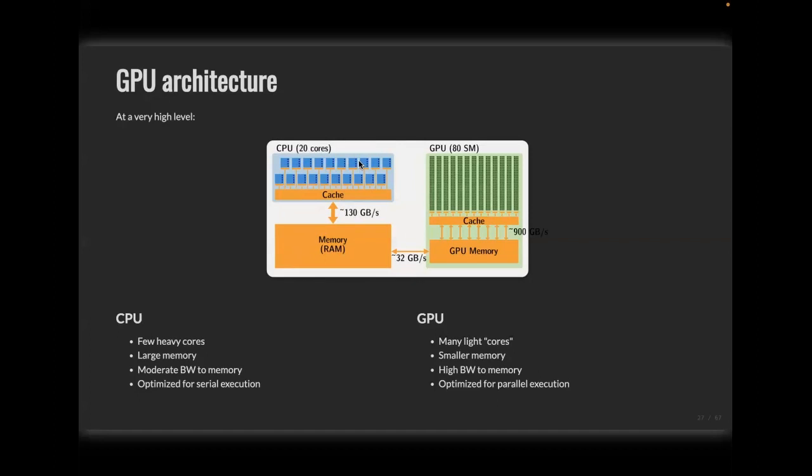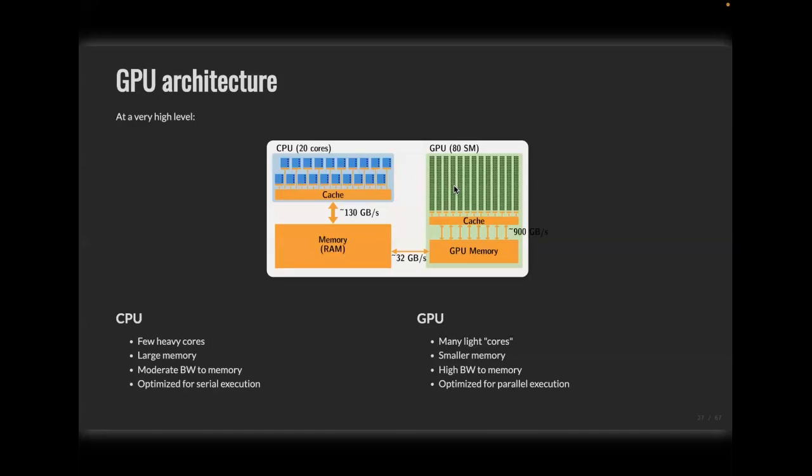Okay, then there's a GPU on this side, which also has some processors, right? But really a GPU has many, let's say, lightweight processors, so they can't do everything that a CPU can do.